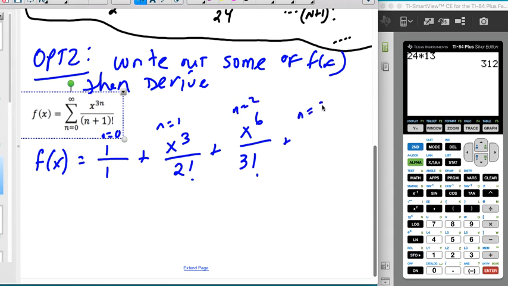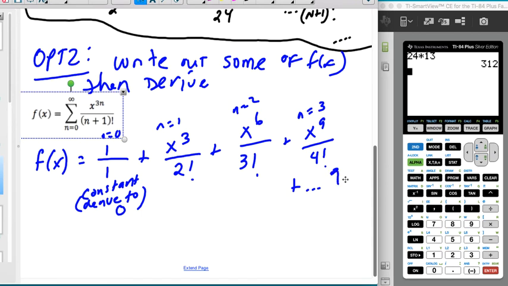And the reason I'd go as high as n is 3 is I know that when I differentiate, this term's going to be gone, because it's a constant. This is definitely going to differentiate to 0. So I know I need 3 terms, so I go 1, 2, 3. When I plug in n is 3, I'd get x to the 9th over a 4 factorial plus dot, dot, dot, and then I know it's an x to the 3n over an n plus 1 factorial. Then I could differentiate, right?